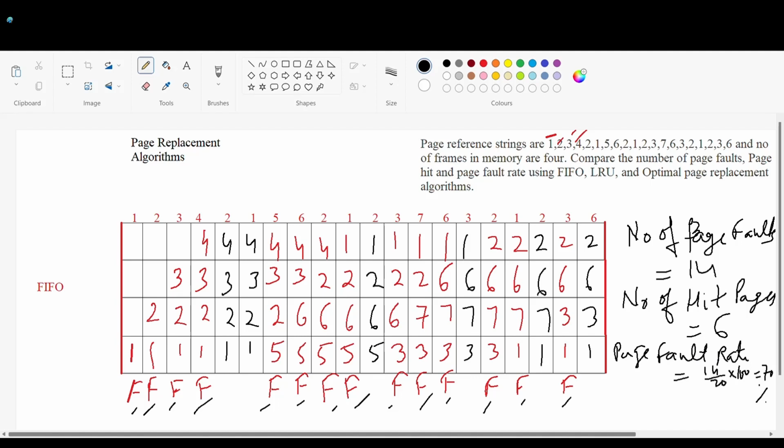So 40%, right? So 40% page fault rate in the optimal page replacement algorithm. So the optimal page replacement algorithm has the lowest page fault rate. So this algorithm is the best in this situation. Optimal page replacement is the best algorithm among these three algorithms: FIFO, LRU, and optimal page replacement, right?